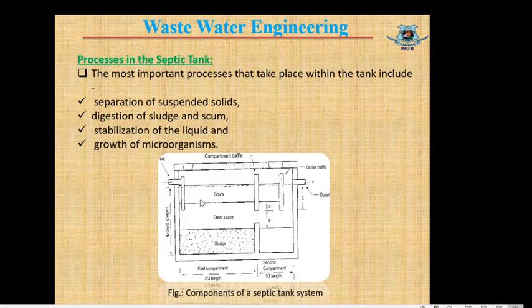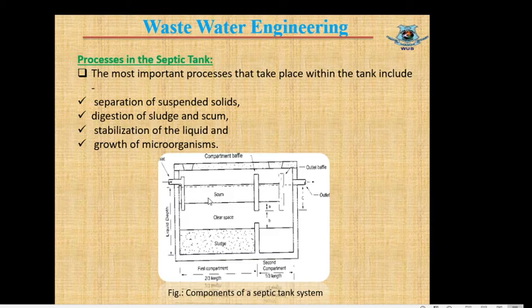As this tank will act as a sedimentation tank, the heavier particles that have density greater than 1, that means density greater than water, will settle down in the tank, and this item will be termed as sludge. And the scum, that means the lighter weight particles with the excreta whose density is less than 1, are not capable of settling down and will float at the top of the sedimentation tank, and this item is termed as scum.